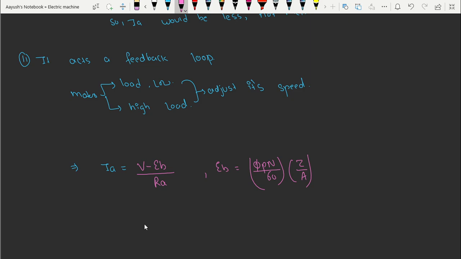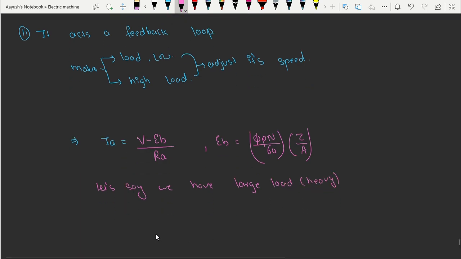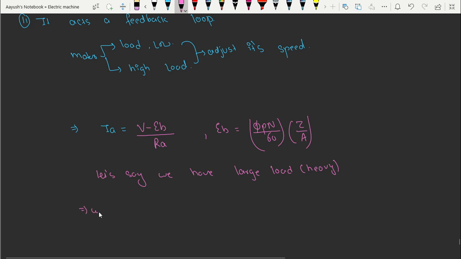So let's say we have a large load, that is a heavy load. Large load means heavy load, and we know that to rotate the heavy load we need more torque, meaning we need high torque, and you should know that torque is directly proportional to IA times phi.